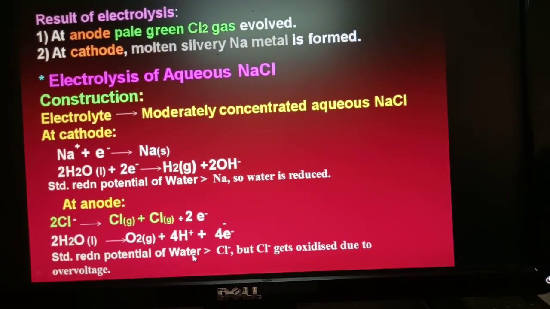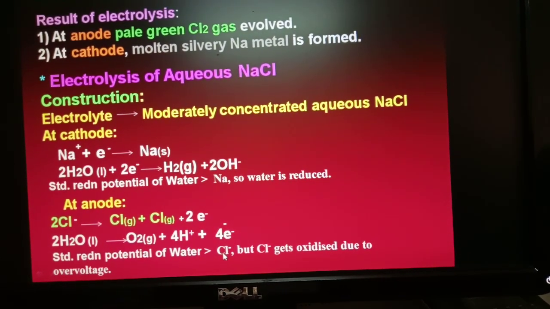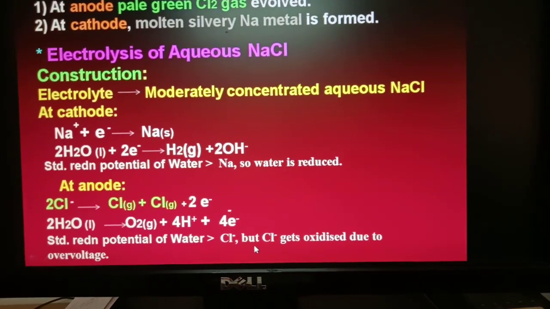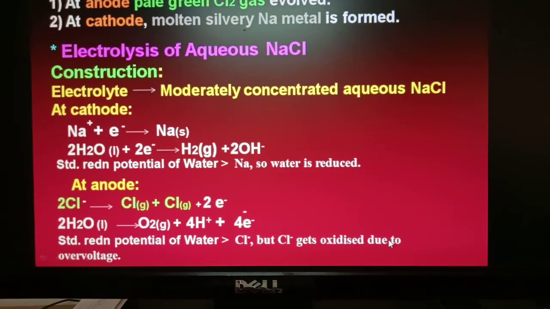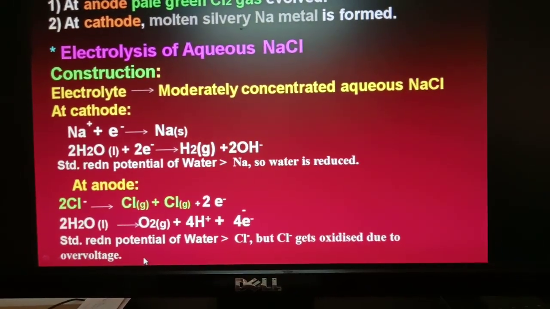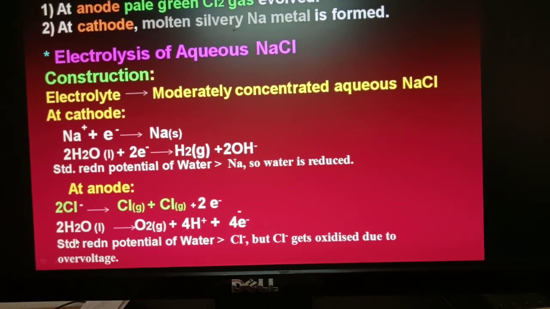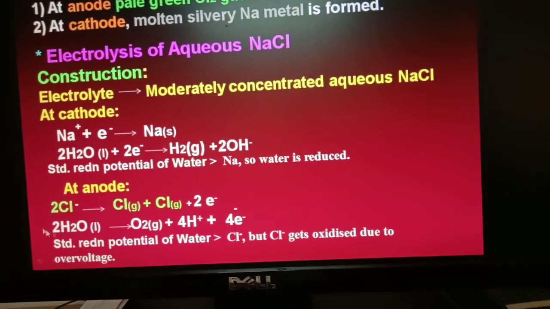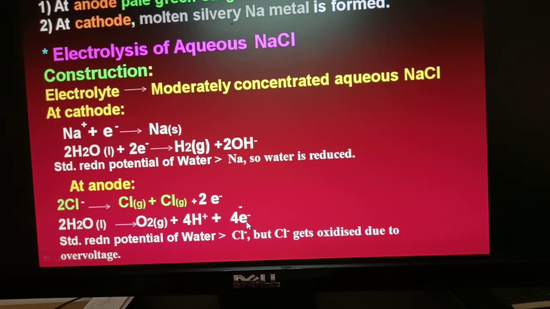The standard reduction potential of water is greater than that of Cl minus, but Cl minus gets oxidized here due to overvoltage. So the reaction of water, if not represented, will also be accepted.